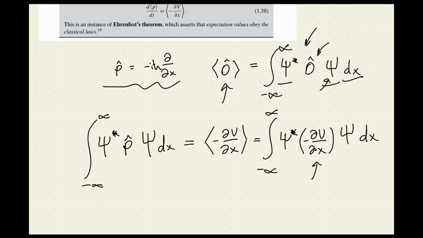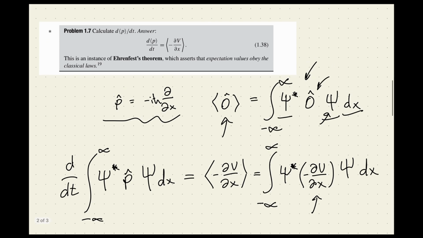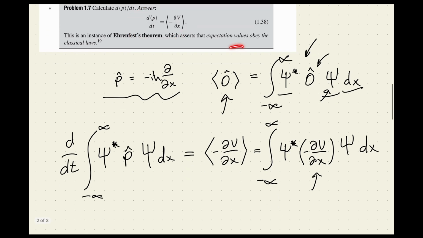Well, actually, we do have to take a time derivative here. So check it out. I've basically written this equation here in the expanded form using this operator, getting rid of some lines to make it look a bit cleaner.